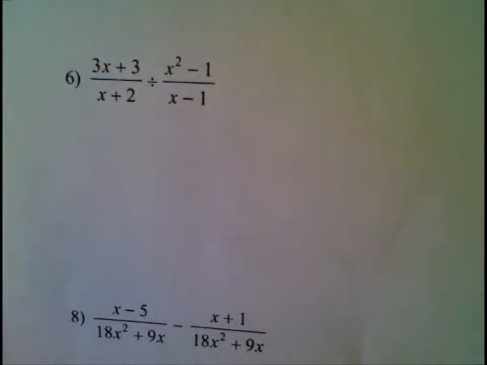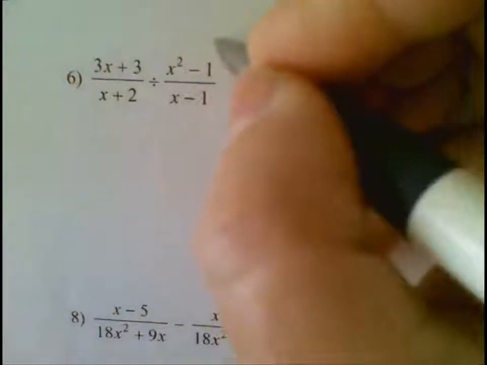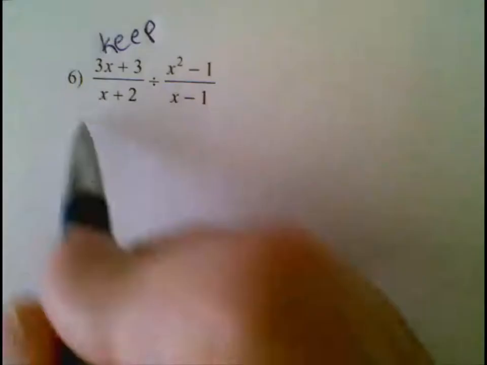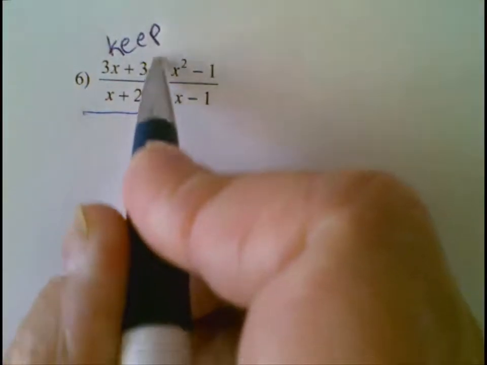Okay, so the next type of problem is division. And this works much like multiplication, except we're going to use keep, change, flip. So we're going to keep the first fraction.